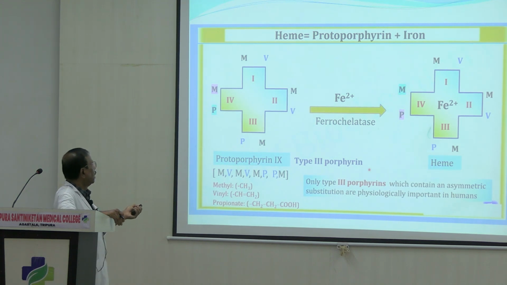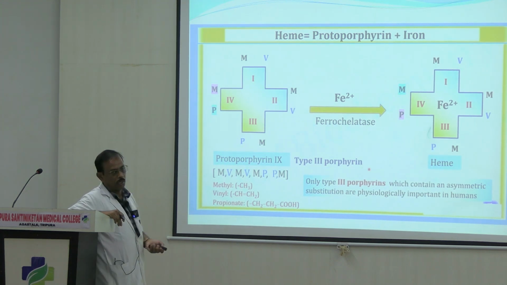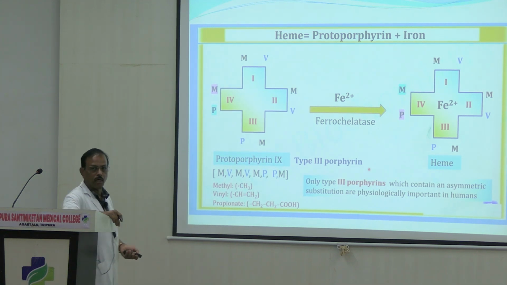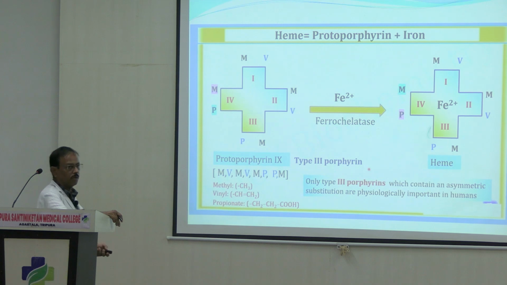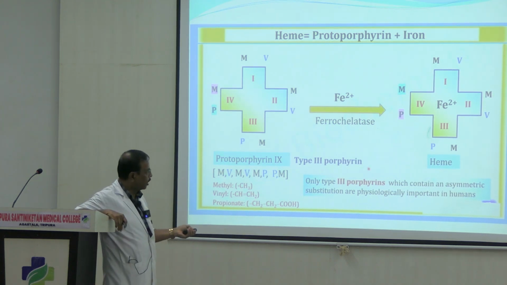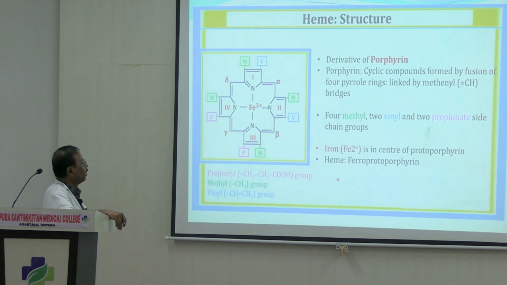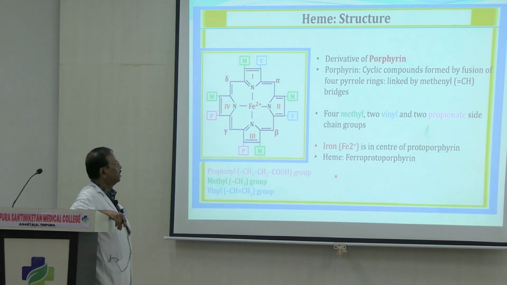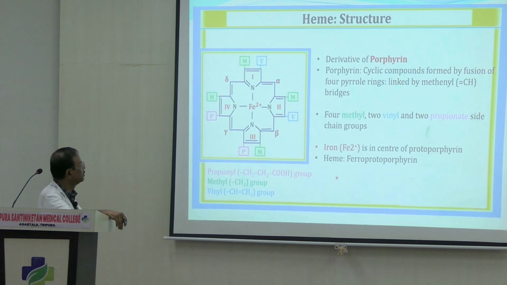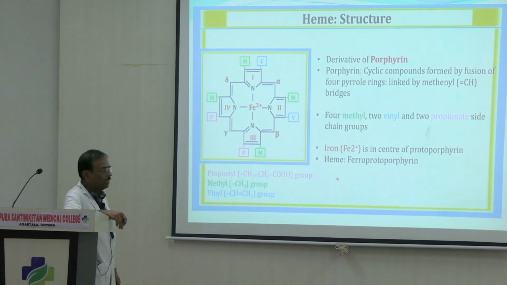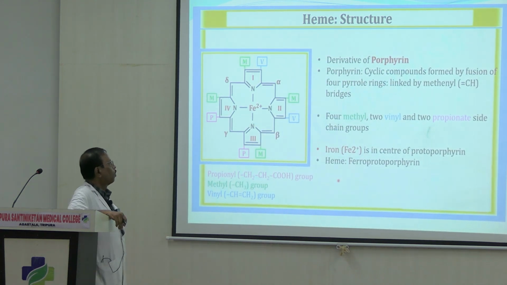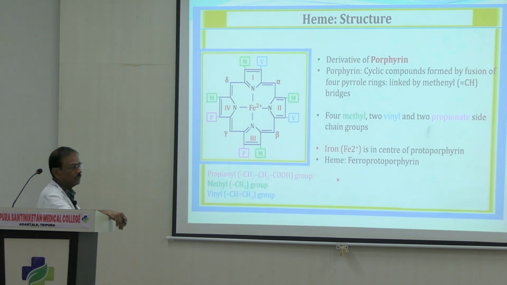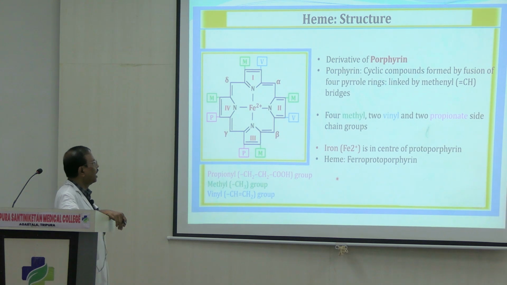In this protoporphyrin, the iron is added in the center position to give ferroprotoporphyrin, or heme. Now what is heme? Heme is a derivative of porphyrins. It is a cyclic compound formed by fusion of 4 pyrrole rings linked by methynyl bridges.